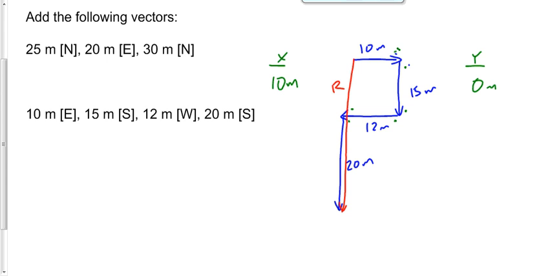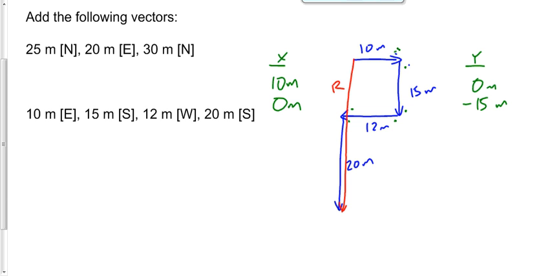How much of that 15 is on the X axis? 0. How much of that 15 is on the Y axis? Negative 15. Good. Danny, why do you say it's negative 15? Good, because it's going south. Negative 15 because it's going to the south.